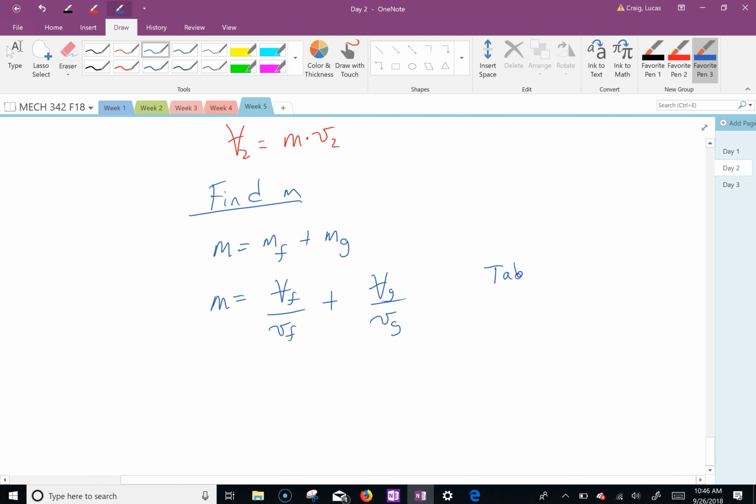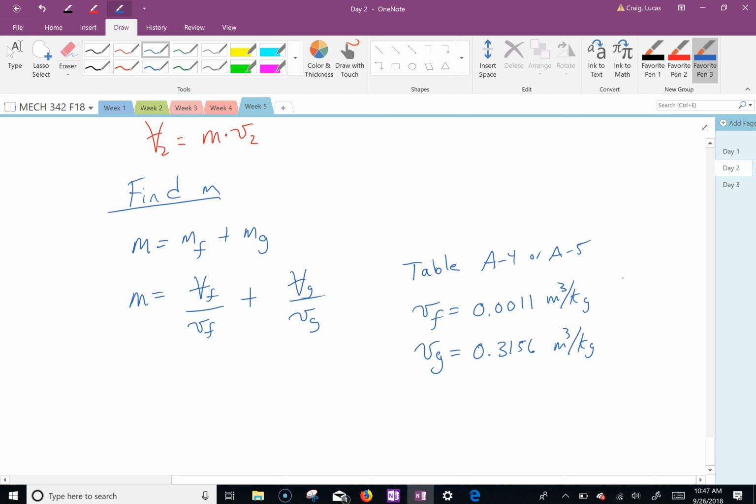Okay, so table, I believe it's either A4 or A5, depends on what you want to use. VF is 0.0011 meters cubed per kilogram. VG is 0.3156 meters cubed per kilogram.